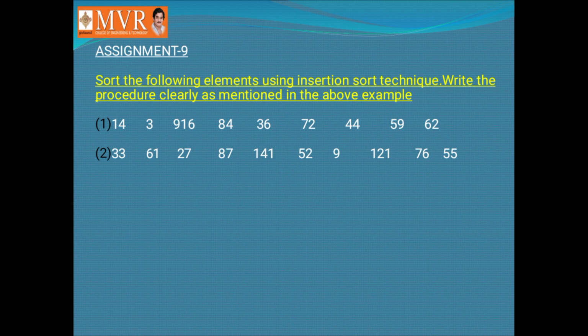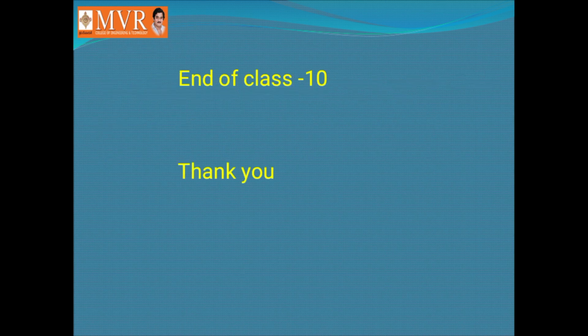If you have any doubts, you can message me or call me. Then I will be explaining the process clearly. Here is the assignment. Complete it and submit to me in 2 working days.